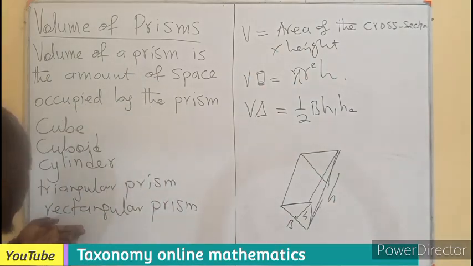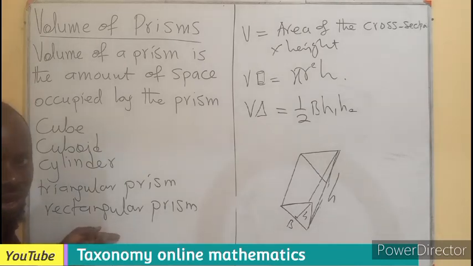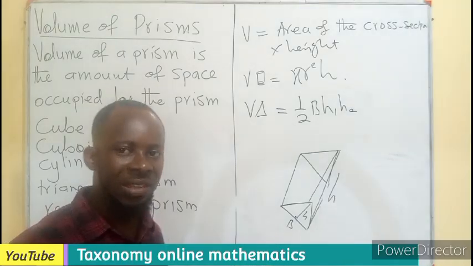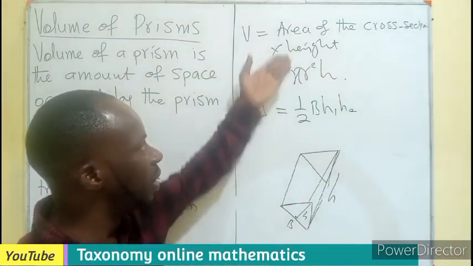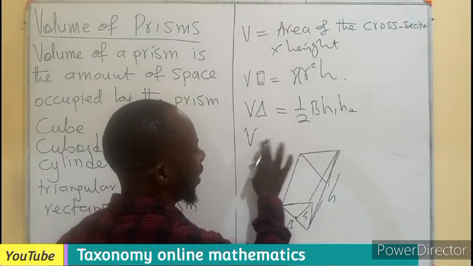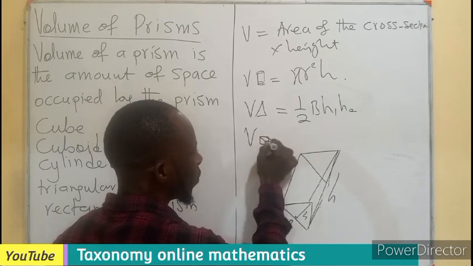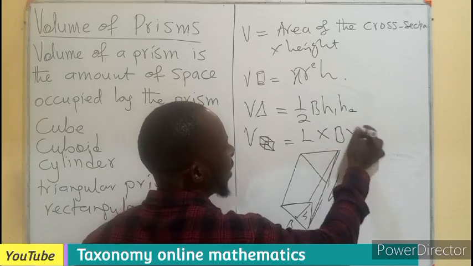So I believe you know what the volume of a rectangular prism is going to be. The same as finding the area of the base, which is the length times breadth. Then multiply by the height, which will be the same as the volume of, let's say, a cuboid, which will be the length times the breadth times what?